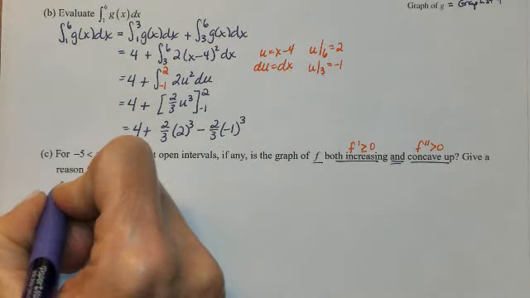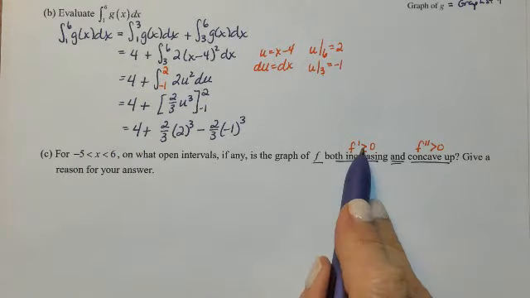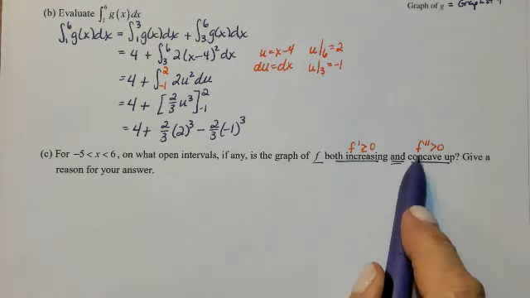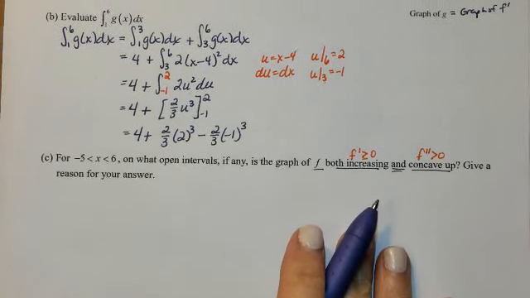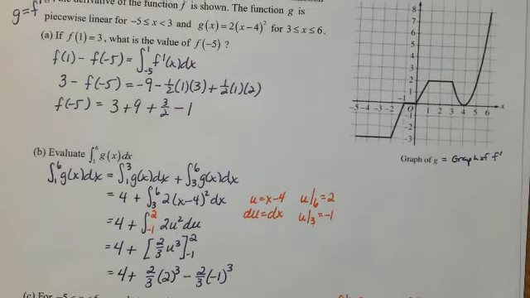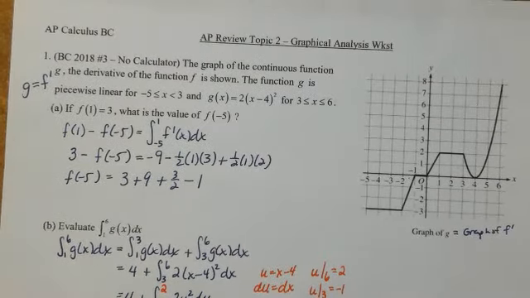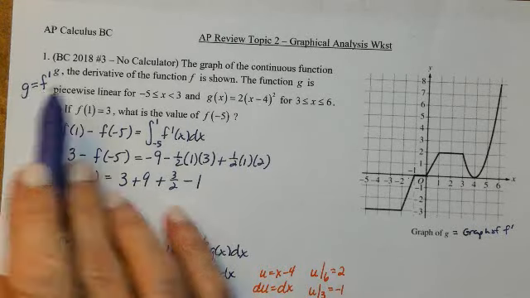So I need for F prime to be positive, and I need for F double prime to be positive. In the problem, I'm checking to see, have we stated what F prime is? We did. We stated what F prime was right here.